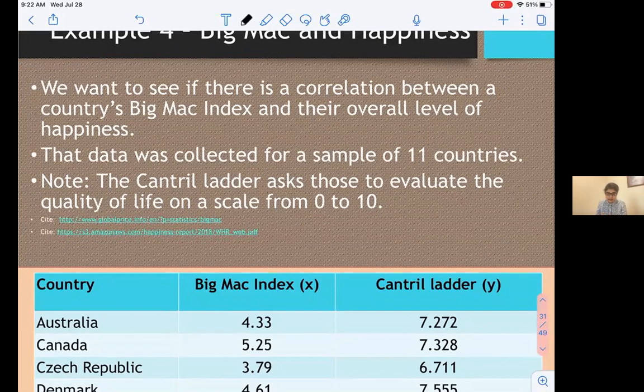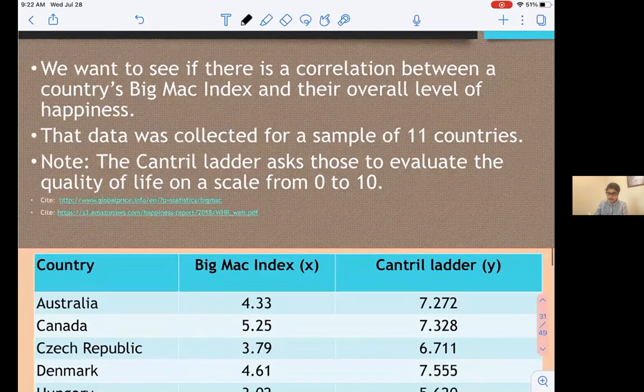The level of happiness they measured by the Cantril ladder, and they are going to call it the Y variable. They asked people to evaluate the quality of life they have on a scale from 0 to 10, where 10 is the happiest person and 0 is not happy.